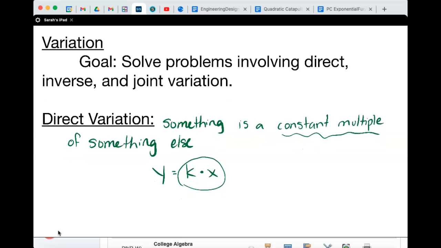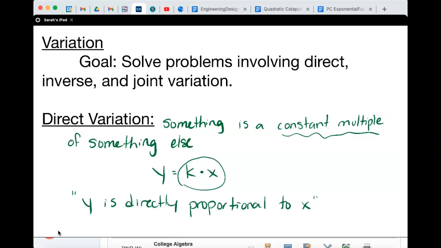So you'll see phrases like y is directly proportional to x. Or they'll have some way of saying direct variation in there in some form or another. So whenever you see directly proportional, you should write the equation down so that we can solve for that k value. That k is just going to be a number that you need to figure out.